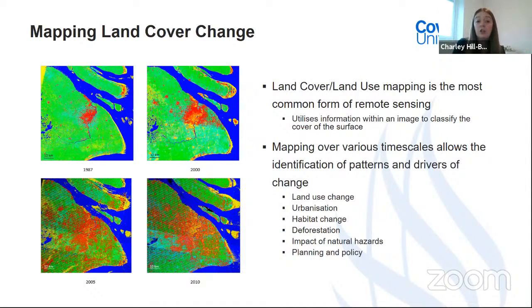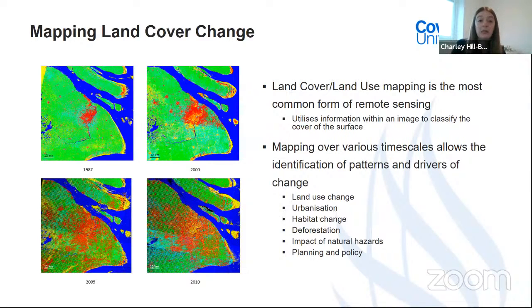In very much the same way we can work out whether our vegetation is healthy or not, we can utilise information from imagery to say what the cover of our Earth's surface is. So we can map things like urban expansion and the change in land use over timescales, to understand how quickly that city, that town, is expanding and developing.